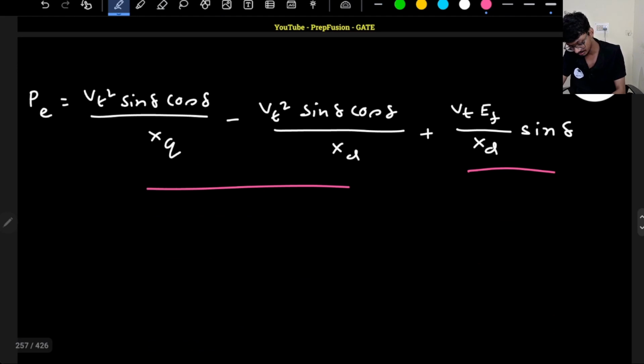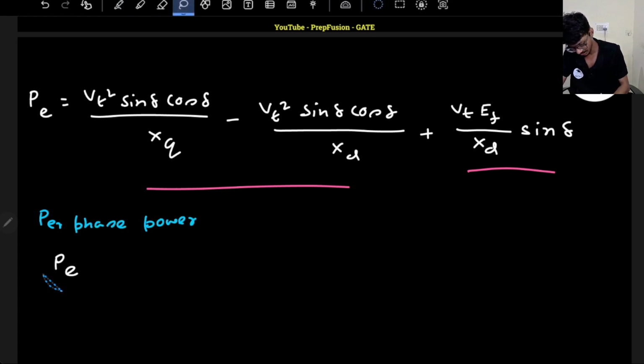Okay, so if I just rearrange my terms, this formula you have to remember. Unfortunately there is no other option than to remember. Remember, this is single phase power, so per phase power. This expression will be same for motor as well.